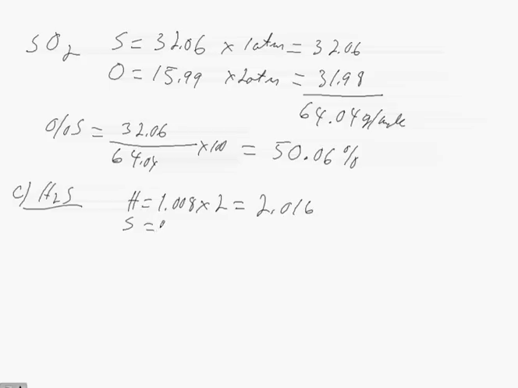Sulfur is equal to 32.06 times 1, which is equal to 32.06.